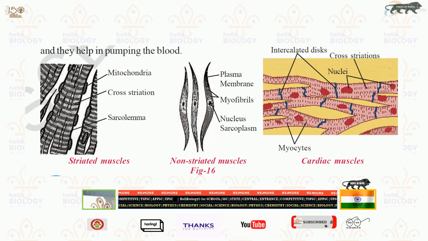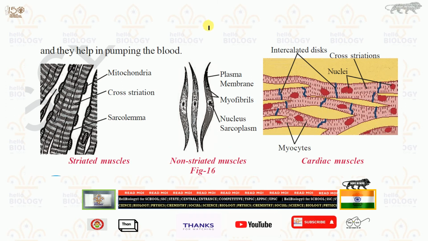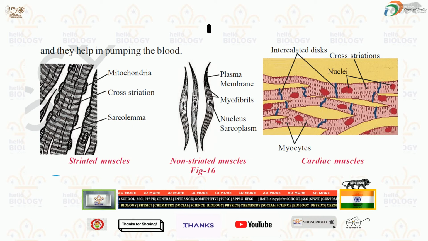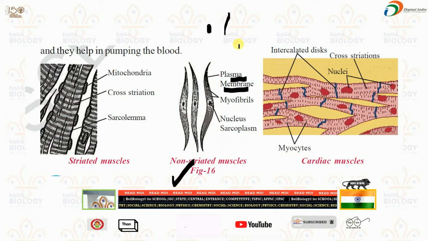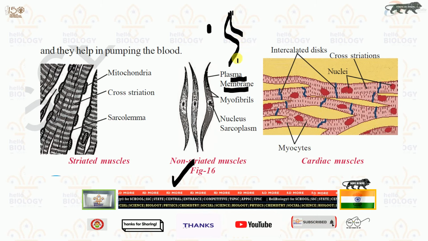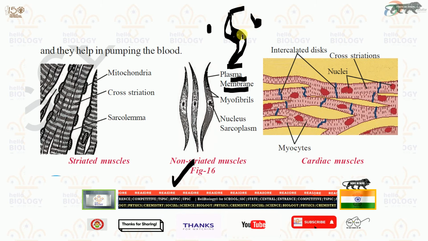Non-striated muscular tissue has a prominent nucleus when compared to striated muscles. In non-striated muscular tissue, the plasma membrane plays a major role since the cells are spindle shaped. This shape is known as spindle shape, with the bases at the blunt region and the middle in the broad region.